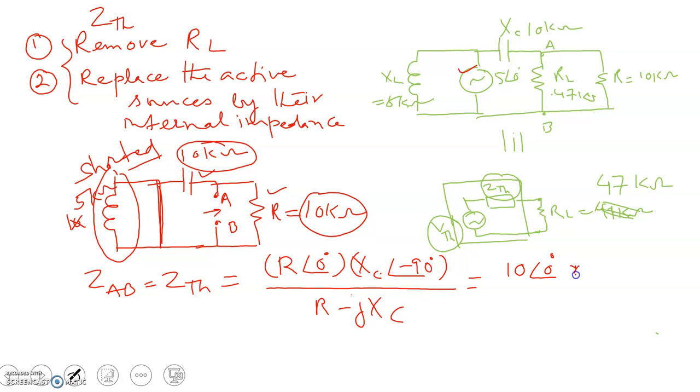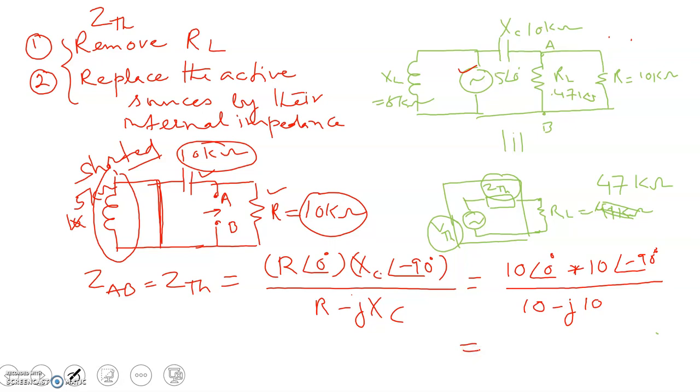And then it is multiplied by 10 and the angle is minus 90 degrees because of the capacitive nature of the impedance. And then it is divided by 10 minus J10.